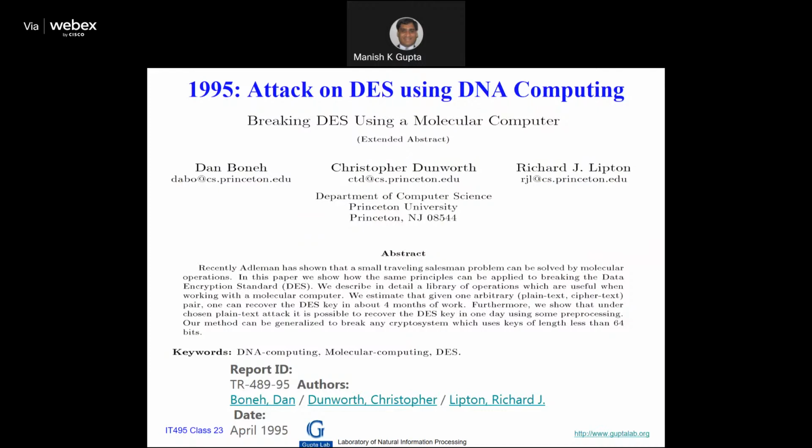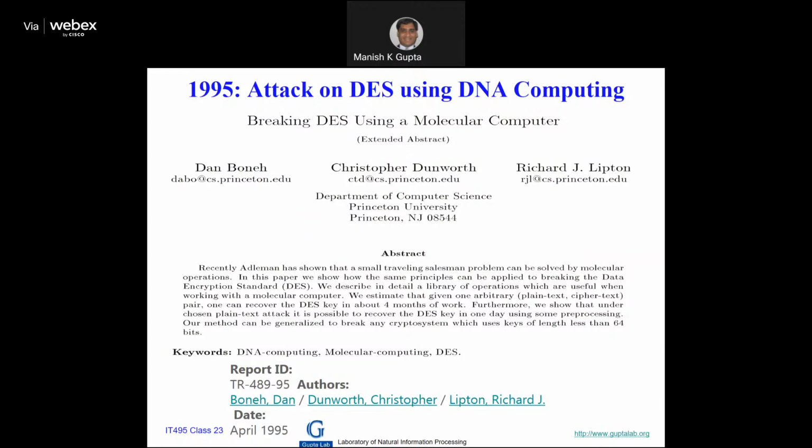Anyway, Lipton and these people used this approach, and in this paper they describe a library of operations which are useful when working with a molecular computer. We estimate that given one arbitrary plaintext and ciphertext pair, one can recover the DES key in about 4 months of work, experimentally doing everything.